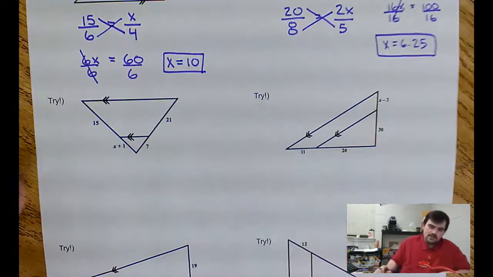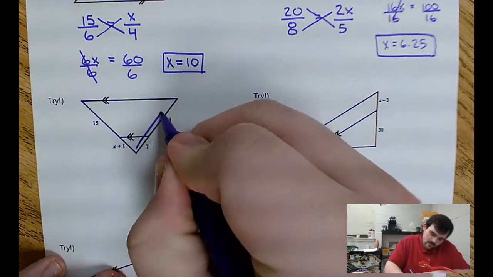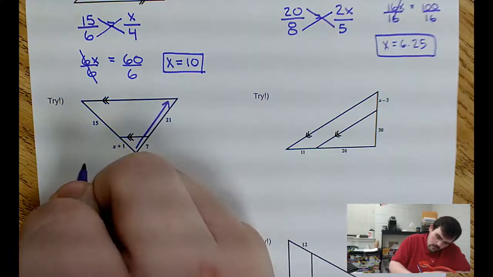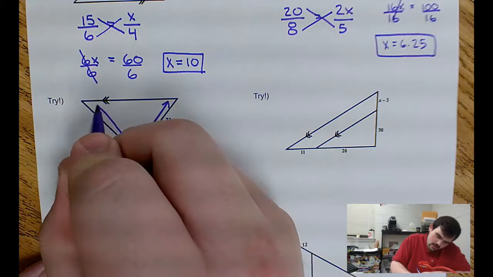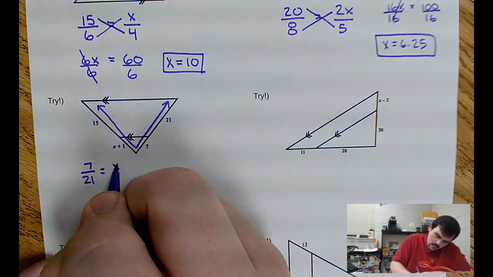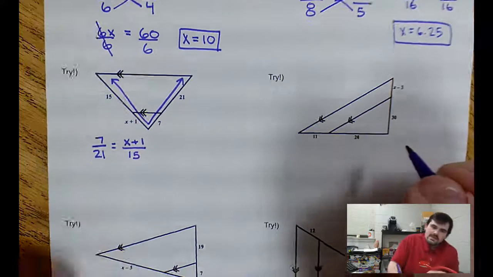Let's try this next one as well. So starting from this, I've got 7 over 21 and x plus 1 over 15. So this is tricky.